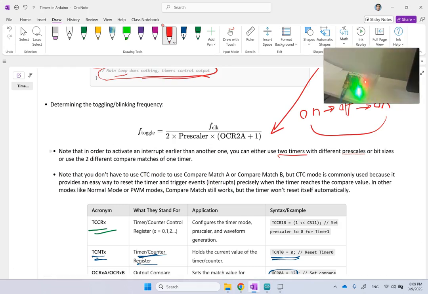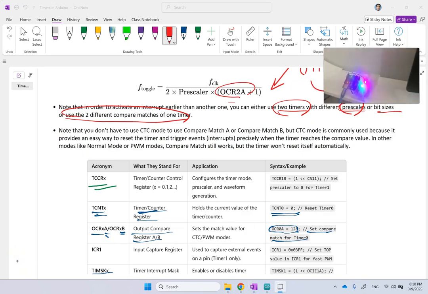So timer 1 takes a lot more time to overflow than timer 0. Two, use different prescalers. The bigger the prescaler, the slower the counting becomes, or the lower the frequency, so it takes more time. Three, use different values in CTC mode. For one of them use 100, for another one use 200 or 50 or whatever number you want. So by changing the prescaler, the timer, or these OCR numbers, you can change your final time.